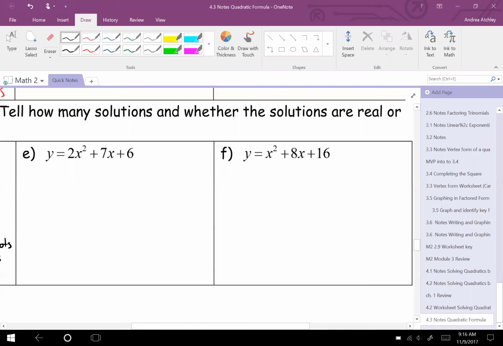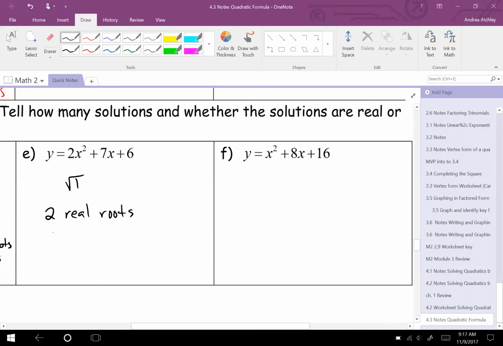Okay, what did we get? For E, we got 1. So is the square root of 0? Square root of 1? So then how many roots? 2 real ones, right?